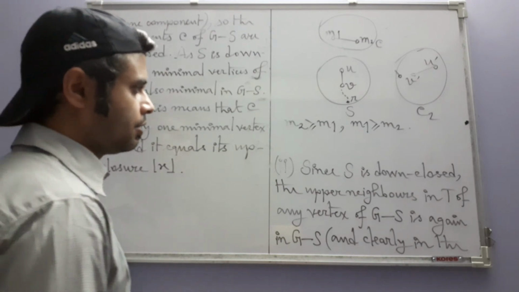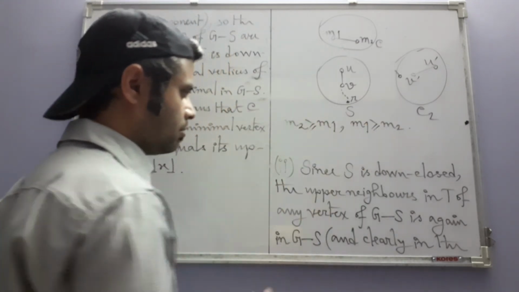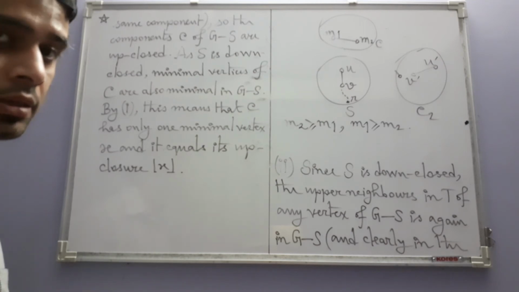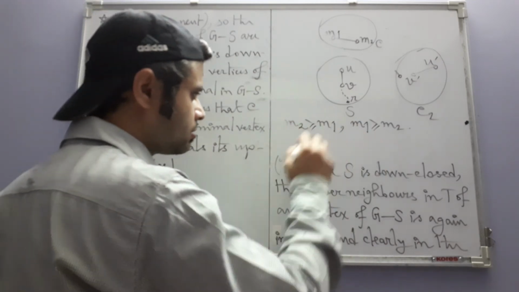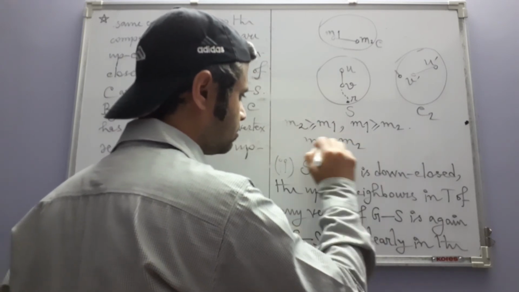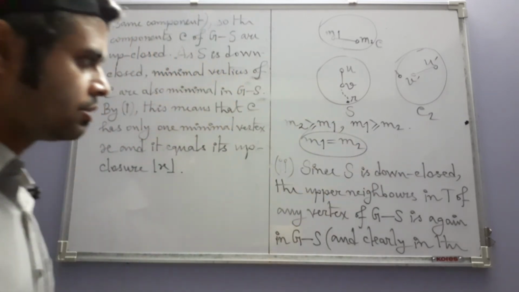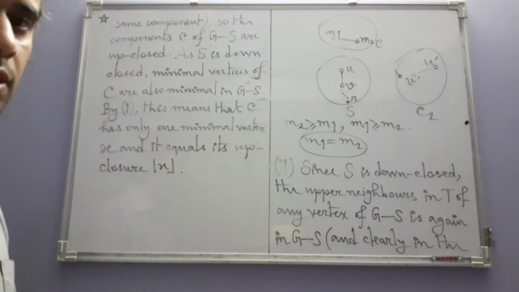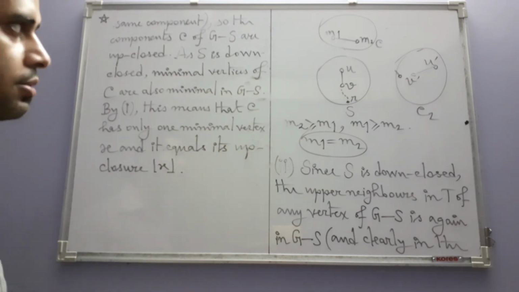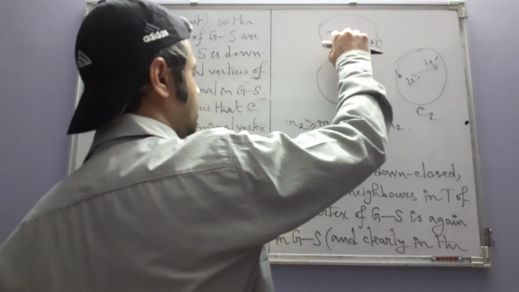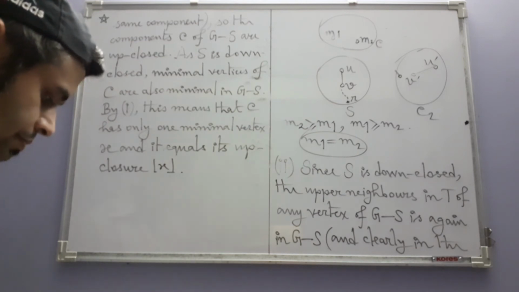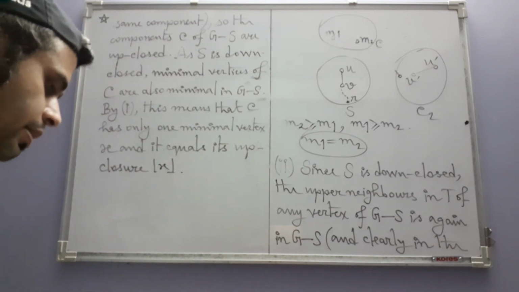Okay, and because a partial order relation is anti-symmetric, these two things imply M1 equal to M2, which contradicts their distinctness. So such vertices cannot be there in C, and if they are not adjacent, have I considered the case here?